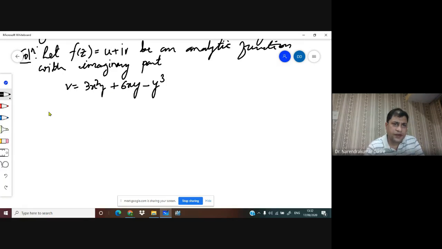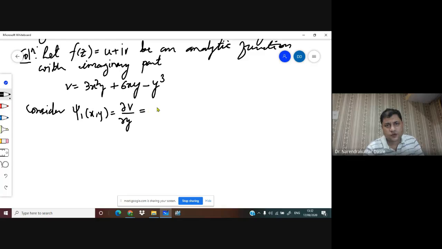Now find the first order and second order derivatives. Be careful while finding the derivative, as this is the imaginary part. So we'll have dabba v by dabba y first.